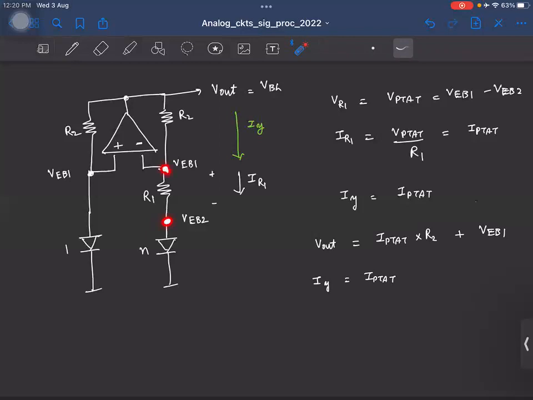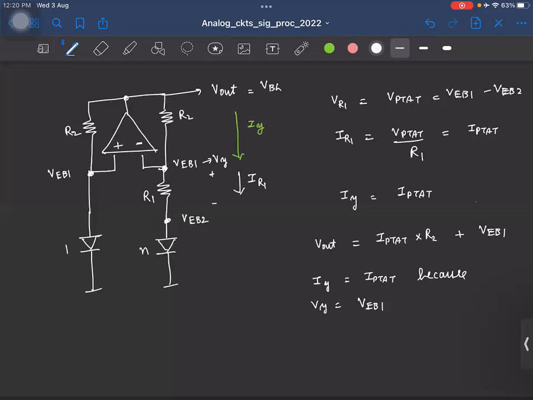And that is what is making the voltage across this resistor to be a PTAT voltage and the current here to be a PTAT current. Okay. So this is possible because, I'll call this voltage Vy. So because Vy is VEB1. Okay.